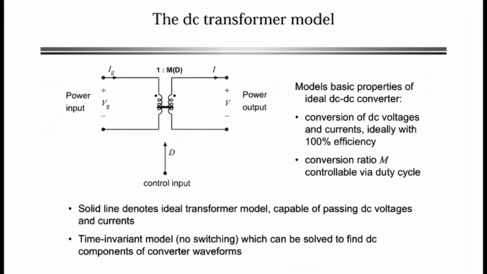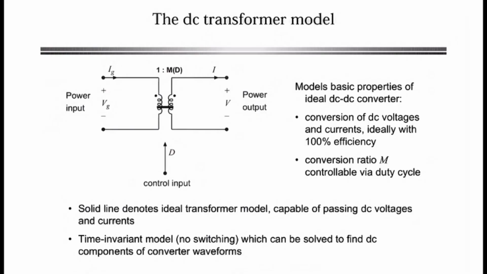The DC transformer model of the DC to DC converter models the basic properties of an ideal DC to DC converter because we assume that power input is equal to power output. So conversion of DC voltage and currents is ideally with 100% efficiency.